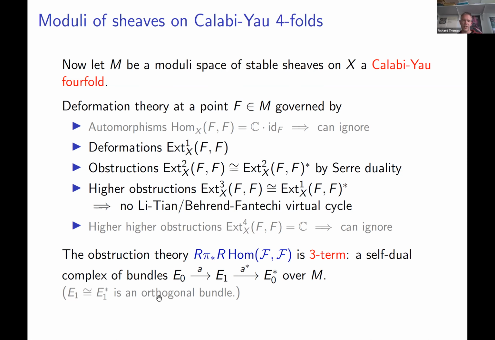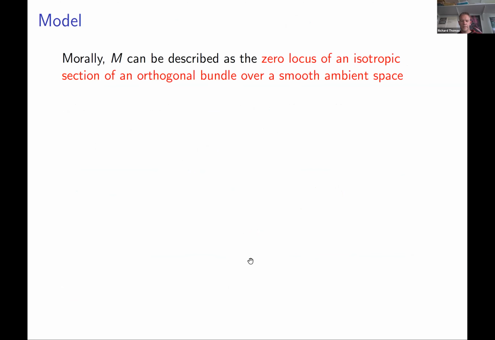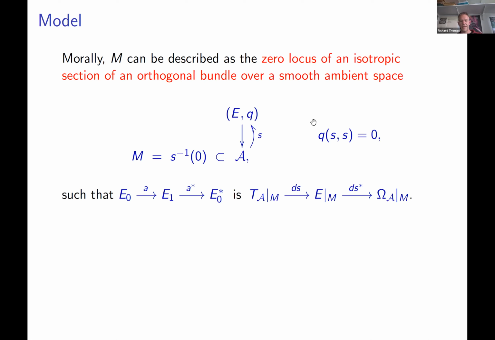All right, so it's got a nice symmetry, but it's three-term. So the way you should think of that is that morally M is now described by not the zero locus of an arbitrary section of an arbitrary bundle, but of an isotropic section of an orthogonal bundle. Okay, so this is the picture. Again, A is a fantasy, it doesn't actually exist, but locally it exists. You can produce local models.